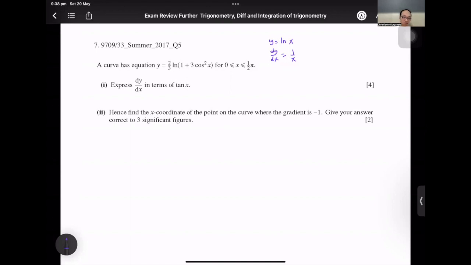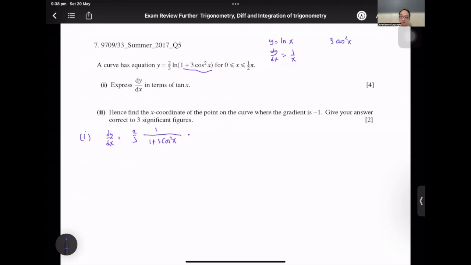So that means dy/dx is equal to 2 over 3, times 1 over the value of this, 1 plus 3 cos square x. And don't forget to multiply by the derivative of the inner function. We derive the 3 cos square x.